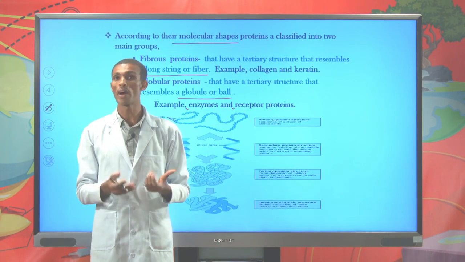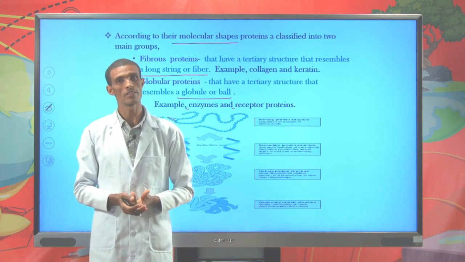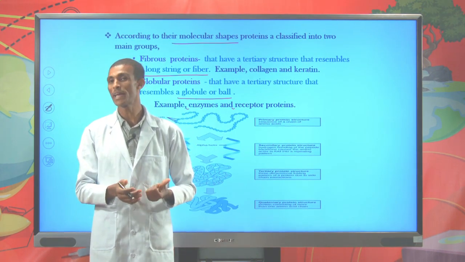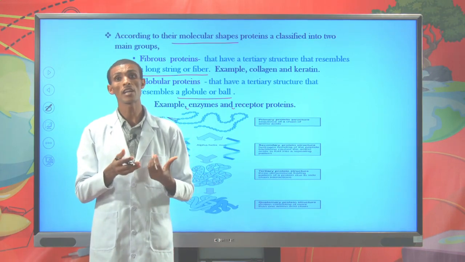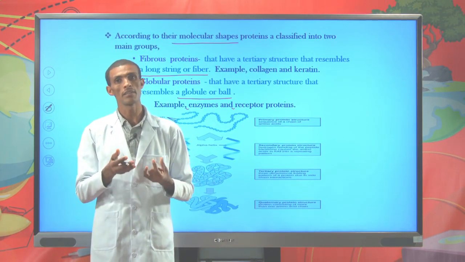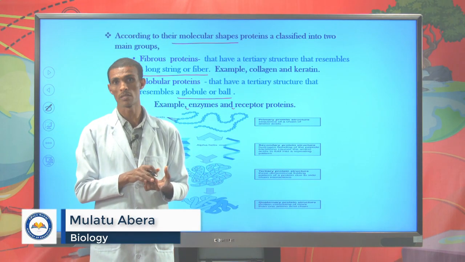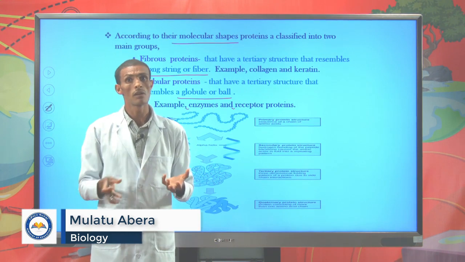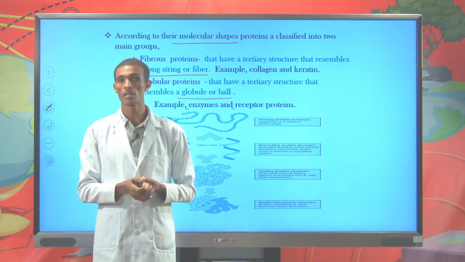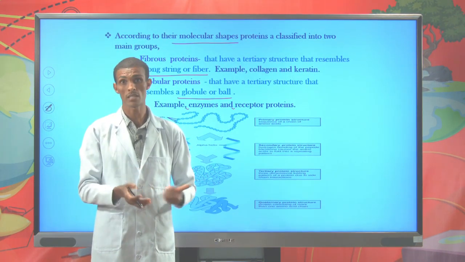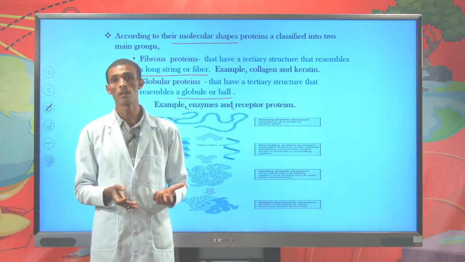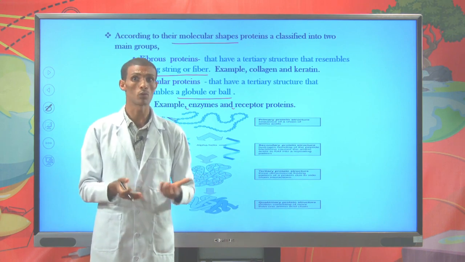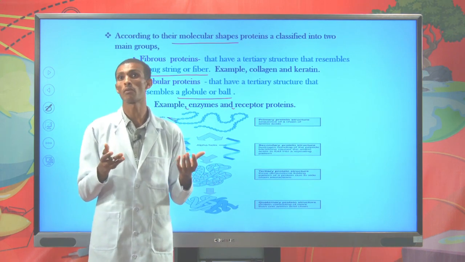And again, we have seen protein components, their function and functional groups. And we have seen the structures of protein: primary structure, which is the amino acid sequence held by peptide bonds; secondary structure, which is joined together by hydrogen bonds; tertiary structure; and quaternary structure. And we have seen proteins classified as fibrous and globular based on their molecular structure.